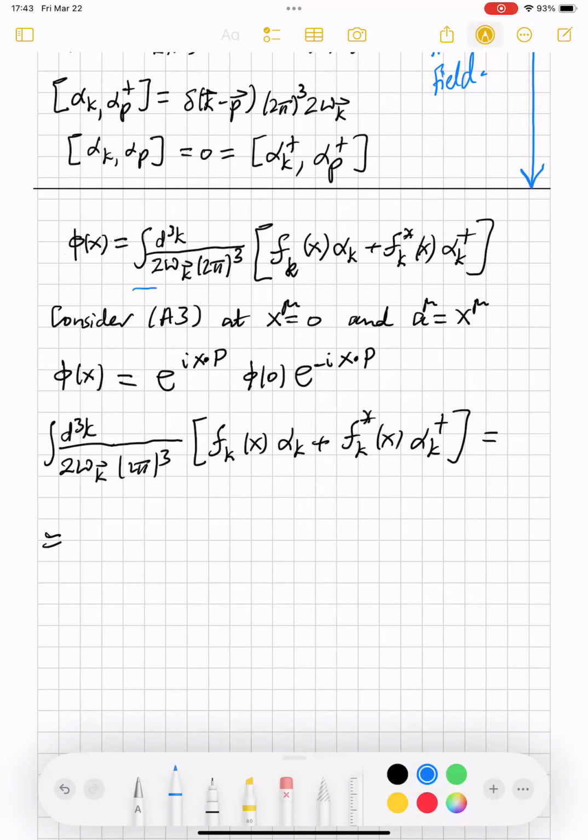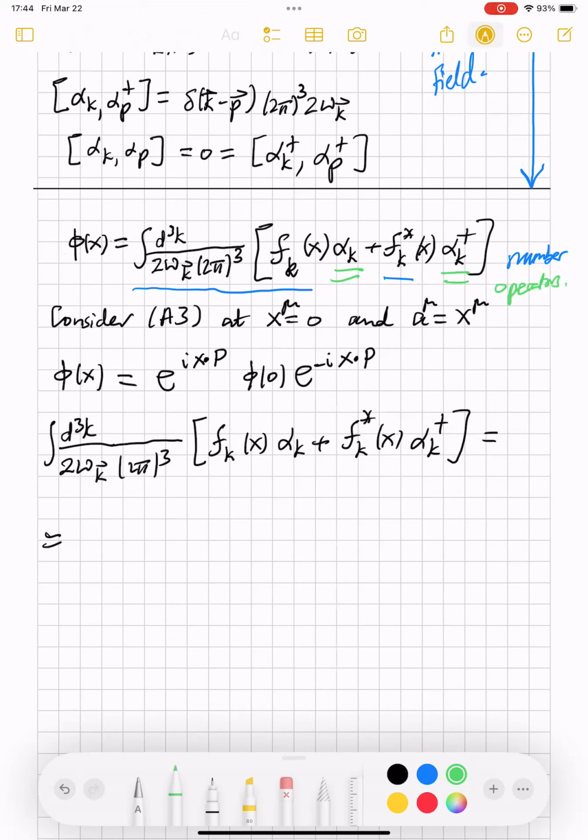That's a number, that's a number, that's a number. So everything that I've outlined in blue is a number, and I can pull operators through the numbers. The only things that are operators are the alpha k and the alpha k dagger.